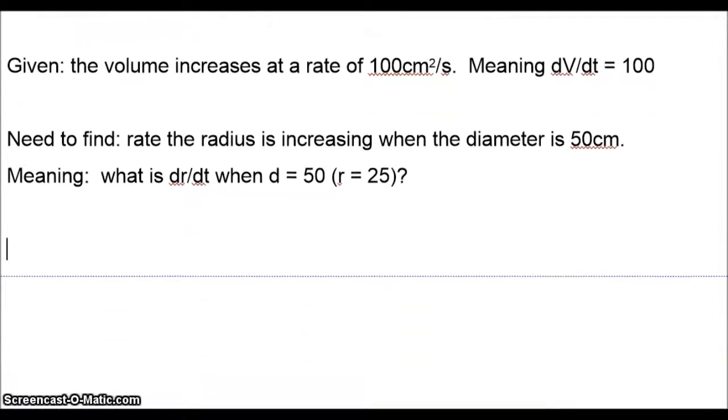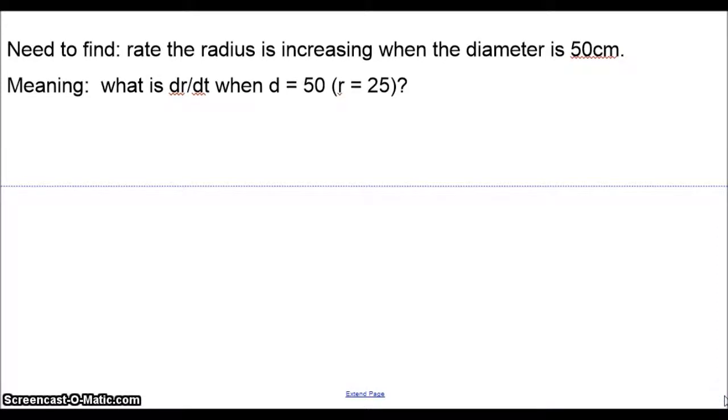Because this is a related rates problem, we need some sort of equation or formula that relates these two variables we're working with, namely the volume V with the radius r.